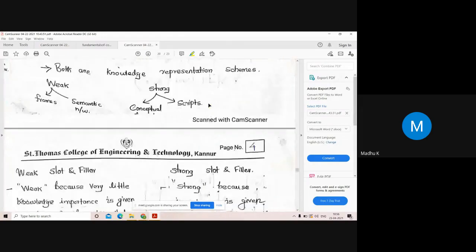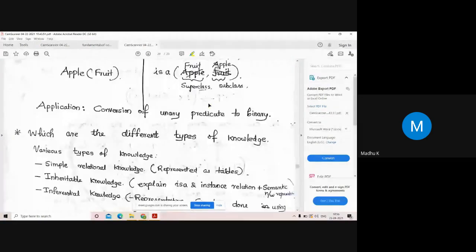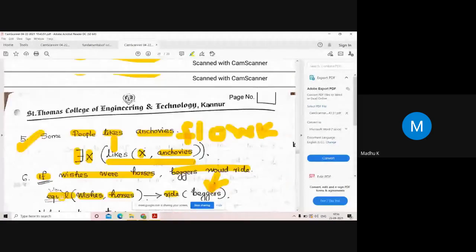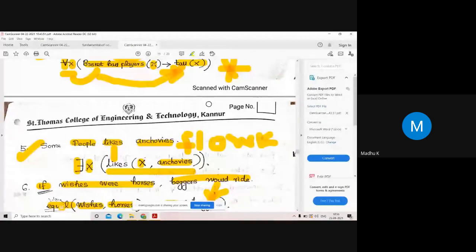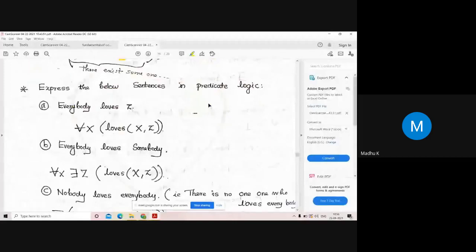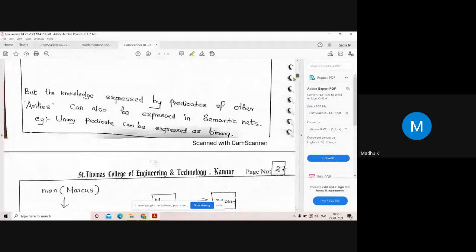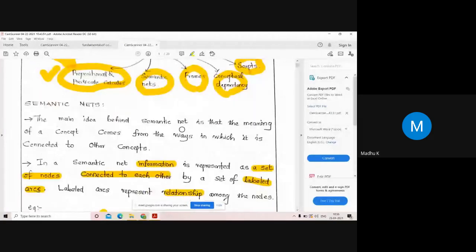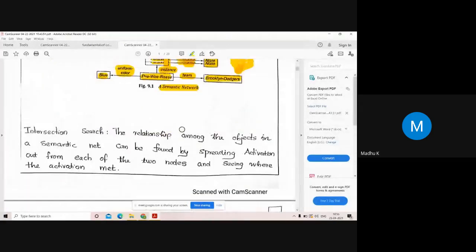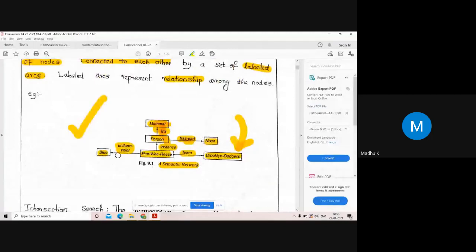Now we are going back to the semantic network concept. Basically, you understand what a semantic network is.